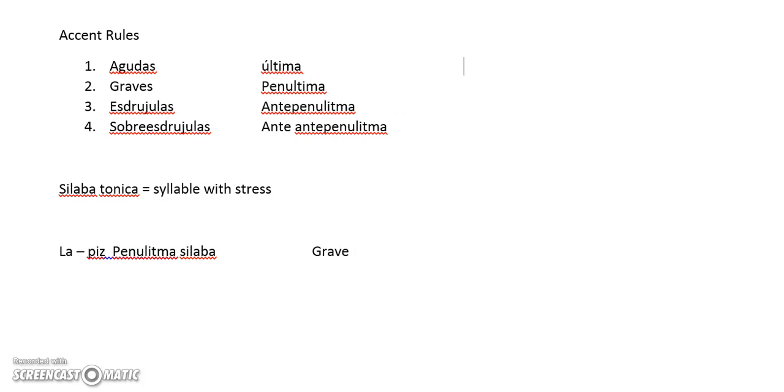Aguda words have a written accent mark when the word ends with an N, an S, or a vowel. Grave words have a written accent mark when the word does not end with an N, an S, or a vowel.